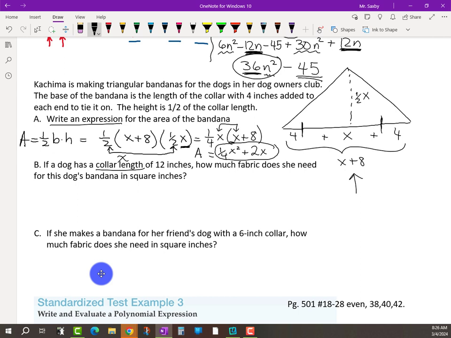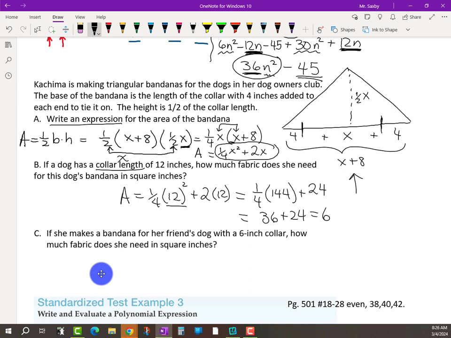Well, we're just going to use our formula, 1/4 x squared plus 2x, and put a 12 there. 12 squared is 144, and 1/4 times 144 is 36, plus 2 times 12 is 24. 36 plus 24 is 60 square inches. So, because we already had a formula, all we had to do is plug in the 12 and we get the area.